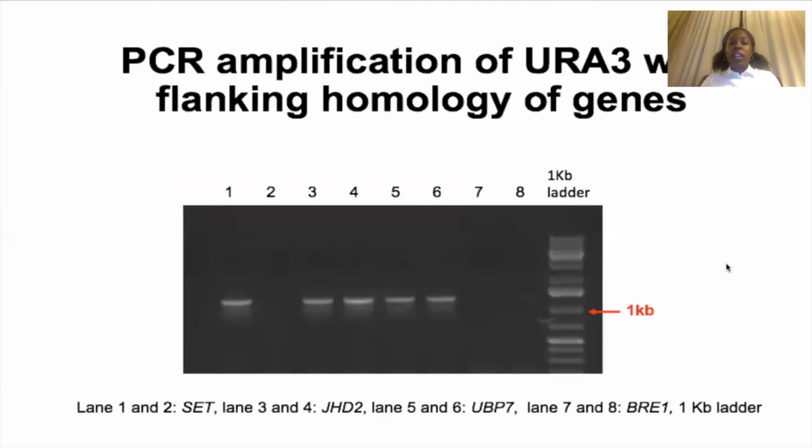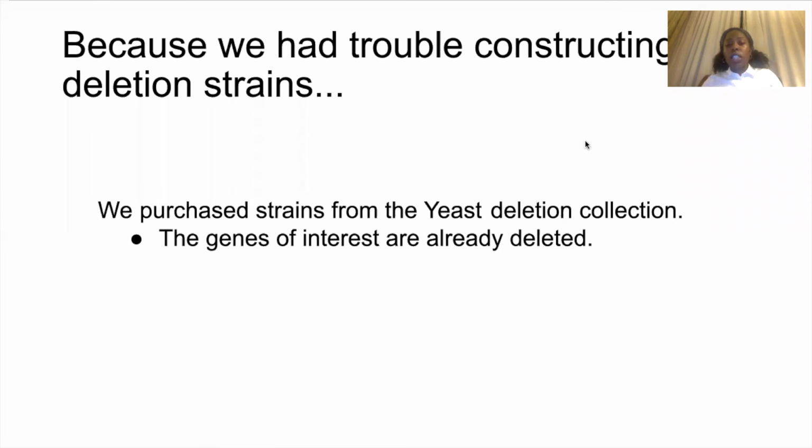This shows the PCR amplification of URA3 with flanking homology to the genes. As you can see, some of these didn't show up on the gel electrophoresis. This process in general just took way too long and was a little complicated, so we just ended up buying the strains that already had the genes deleted.